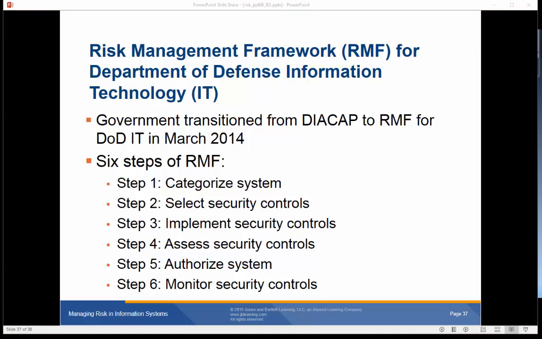The Risk Management Framework integrates information security into the enterprise architecture and system development life cycle. It also provides emphasis on the selection, implementation, assessment, and monitoring of security controls and the authorization of information systems.